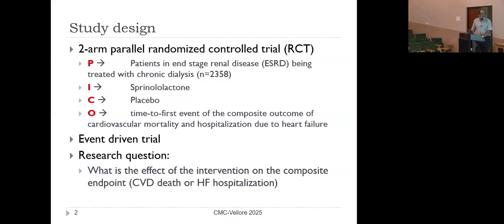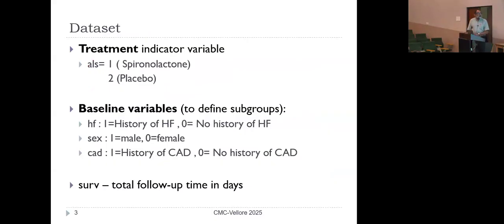Now, I'm going to give you some other data sets, the names of the variables that we have. Treatment in the data set is the variable ALS, and it's 1 for spironolactone, 2 for placebo. The baseline variables, which can be used to define subgroups of interest, would be whether you have a history of prior heart failure or not.